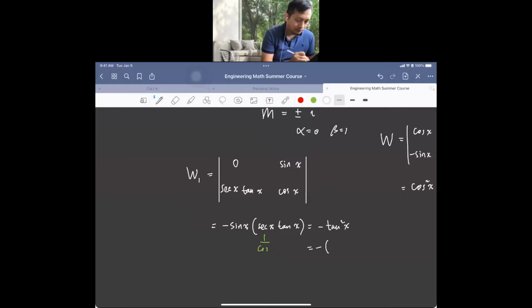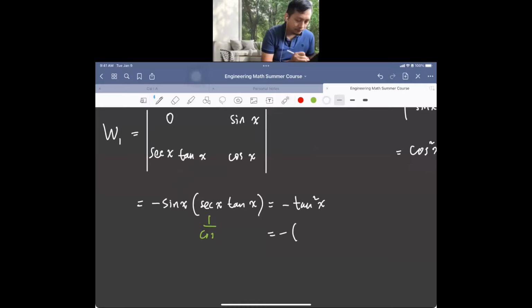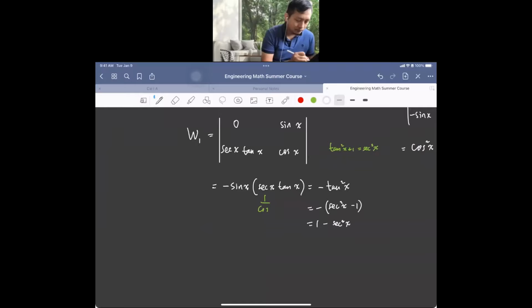Since tangent squared plus 1 is secant squared, this will be 1 minus secant squared. This is u1 prime, because it's basically divided by 1.